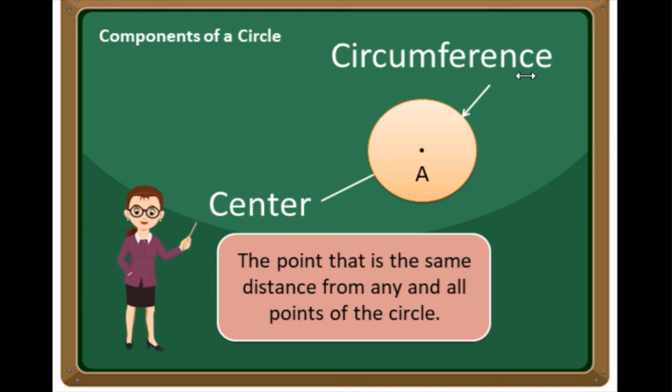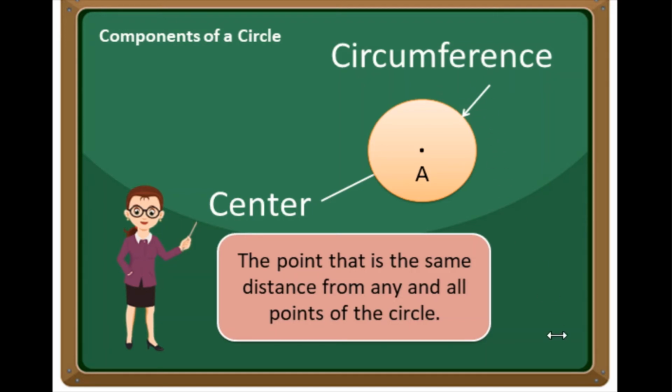Circumference. When we try to get the circumference of a circle, we multiply the radius by 2 and its pi value. You will know it later on. Okay. Again, center, circumference.